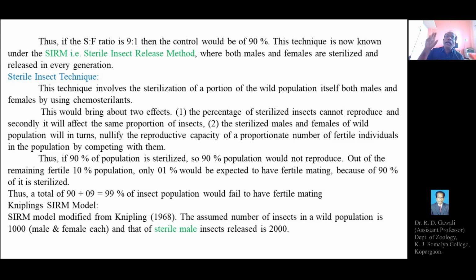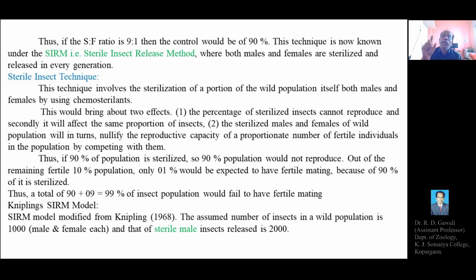So ultimately, 90% of the breeding rate or the reproduction rate will be inhibited. 90% of the pest population cannot reproduce because of the mating of the sterile and the fertile individuals up to 90%. Thus, if 90% of the population is sterilized, 90% of the population would not reproduce.